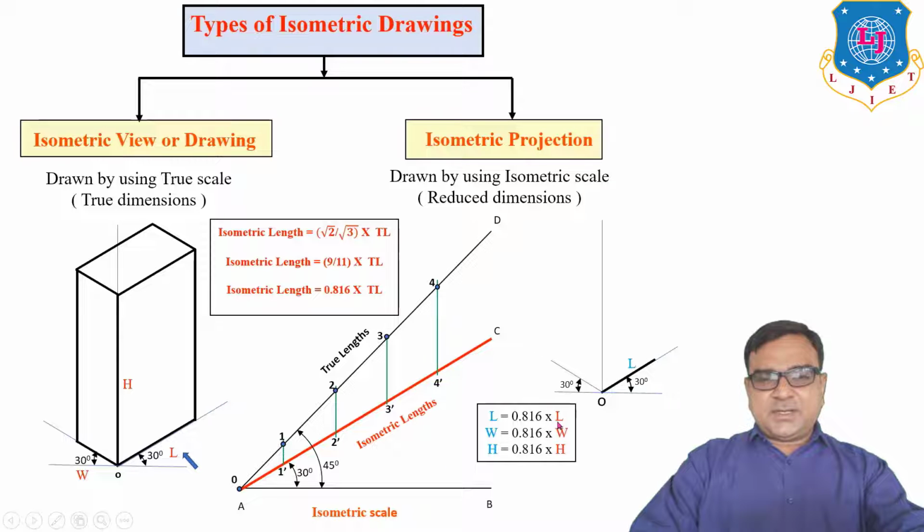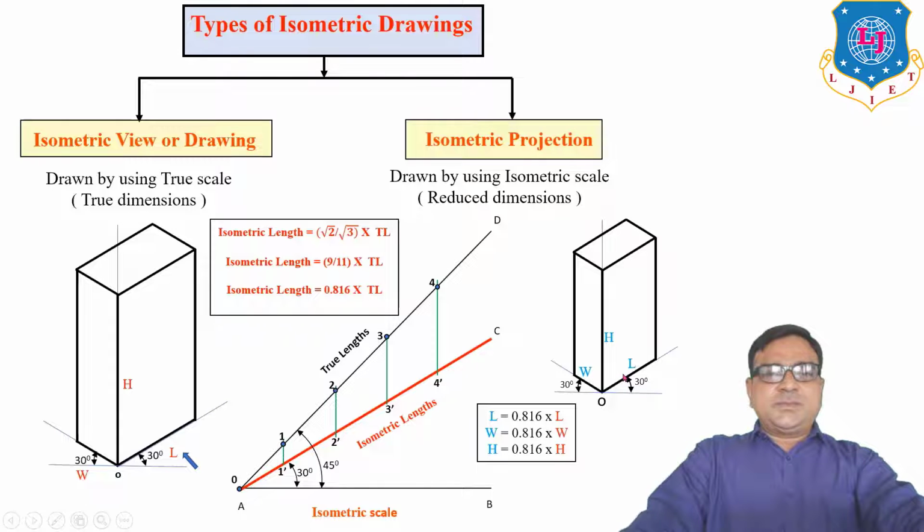So you have to convert this 50 mm into isometric length and then use that reduced length for 3D drawing here. Similarly for width also and height. So these 3, length, width and height, are reduced. Now you complete your 3D drawing.